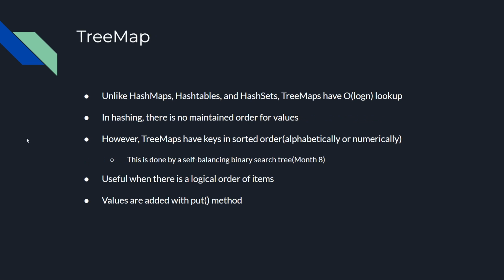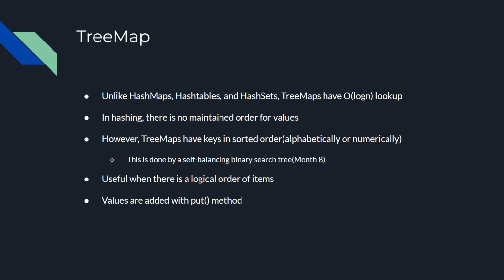Next, we'll be going into tree maps. So tree maps are slightly different. They still use hashing, but unlike hash maps, hash tables, and hash sets, tree maps have O of log n lookup. The reason why they have O of log n lookup and insertion instead of O of 1 is because tree maps sort and store data in a set order, whether it's alphabetical or numerical, which means that tree maps use a self-balancing binary search tree to sort and store the data.